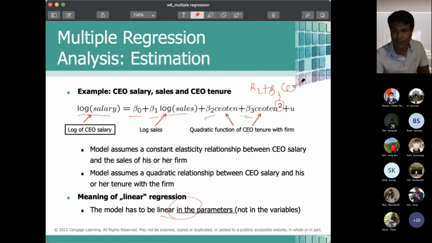So the interpretation depends on the value of CEO 10 years, and the quadratic functional form will tell you that if there is a positive sign, it means that when the CEO 10 years is increased, it will increase up to one point, and you will find the optimal value, then it will decrease. Here, I just answer you very quickly, but we are not going to focus on this now.